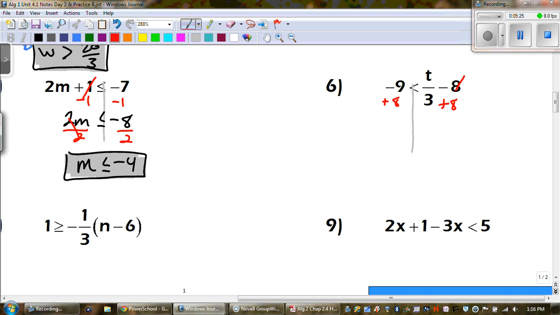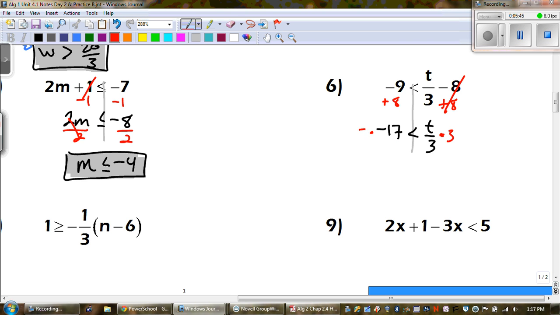I'm solving for the t. We get -17 is less than t over 3. Now, what's going on to the t right now? Addition, subtraction, multiplication, division? Well, it's dividing, and the opposite of division is multiplication.